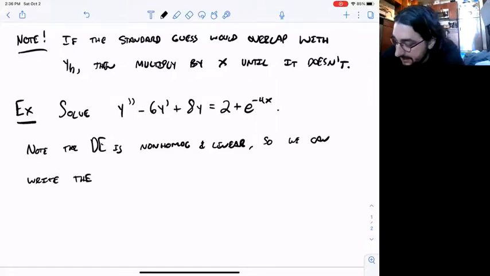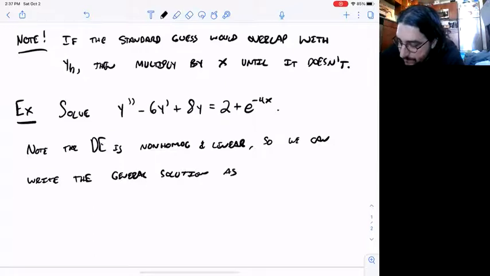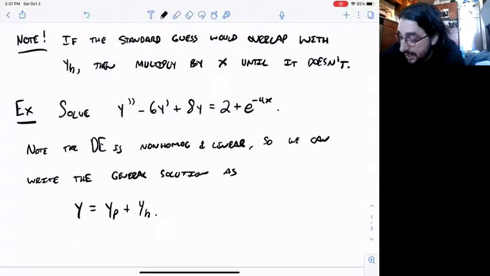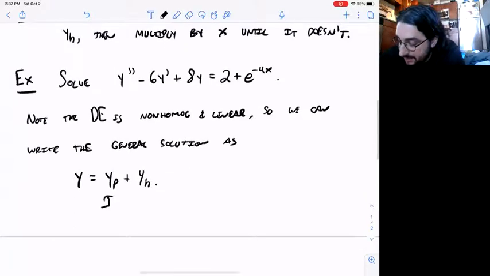We have our theorem that says the general solution is going to be a particular solution plus the associated homogeneous solution, right? And how do we find each?